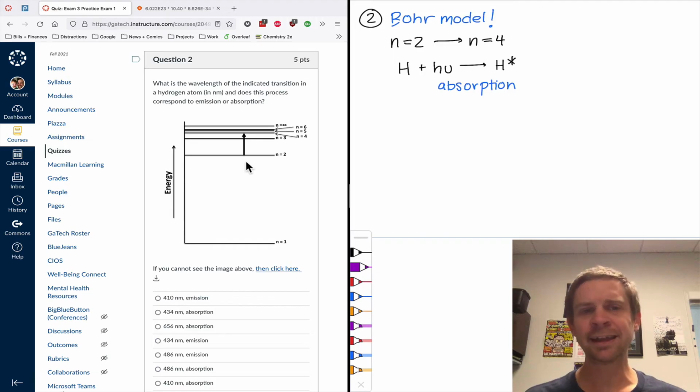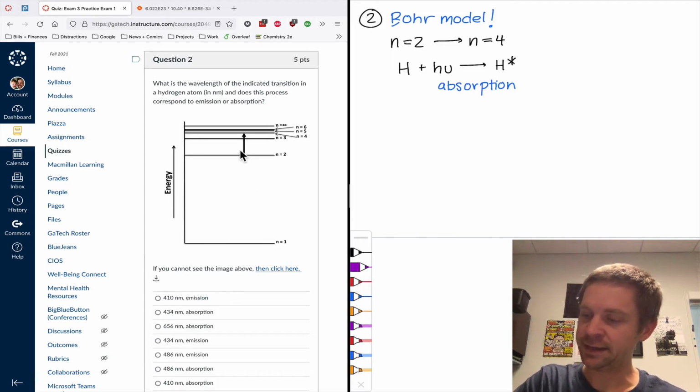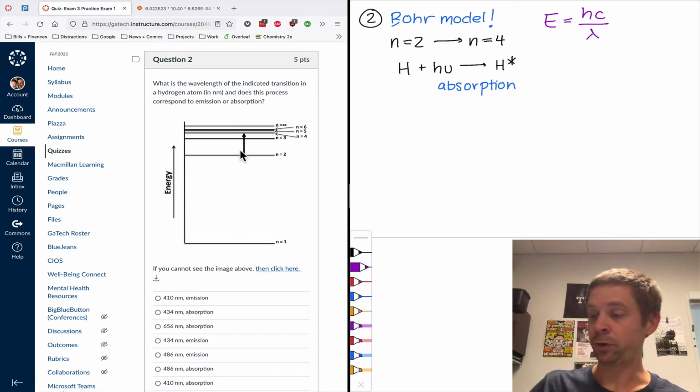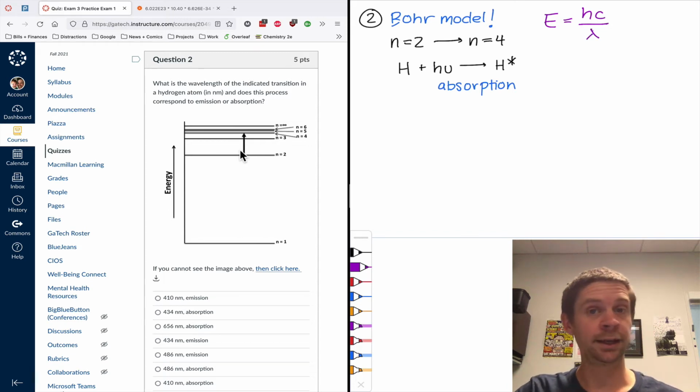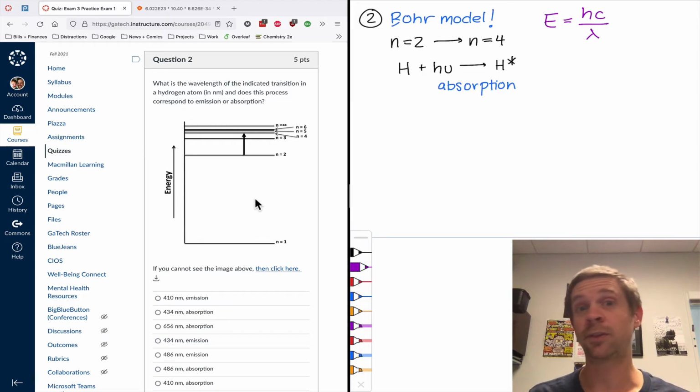So let's think about that photon for 1 second and notice that its energy is going to be related to its wavelength using h times c divided by lambda. So the wavelength is inversely related to that energy. And again, if we can figure out the energy through some kind of equation, or even the wavelength directly, we can figure out the energy of that photon.